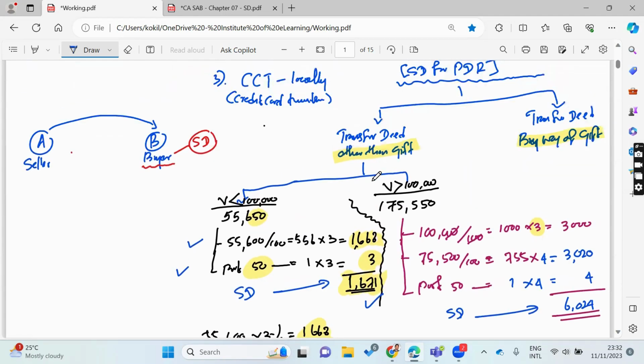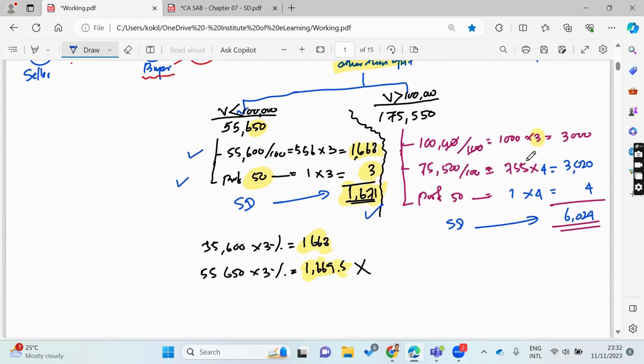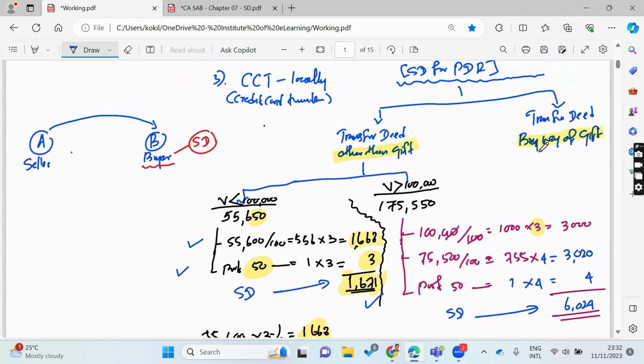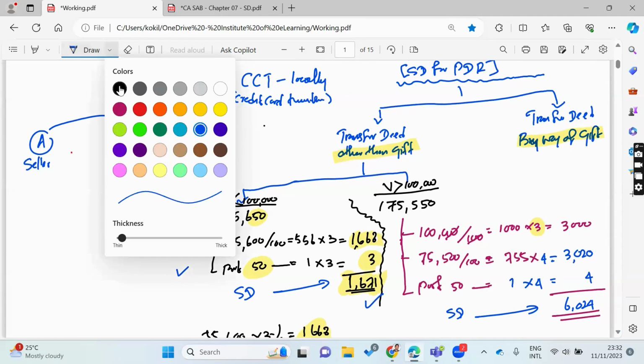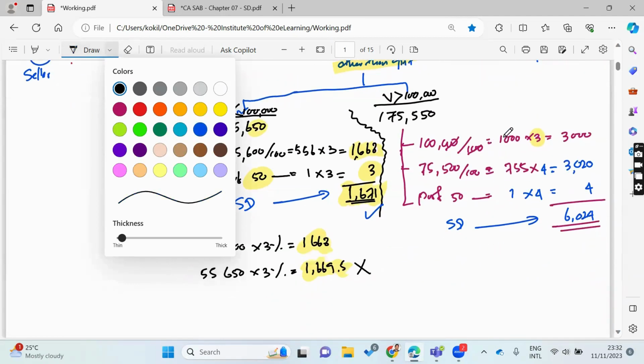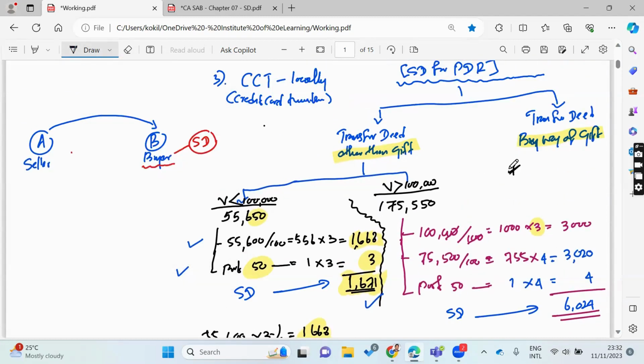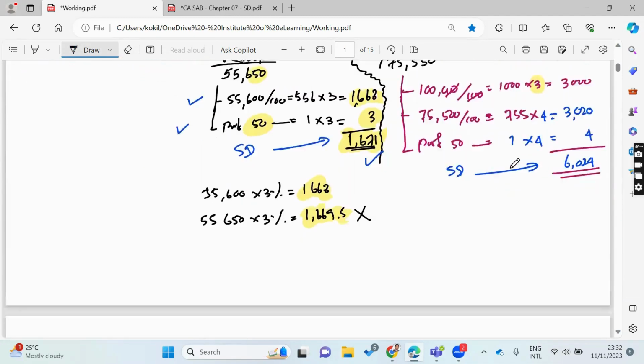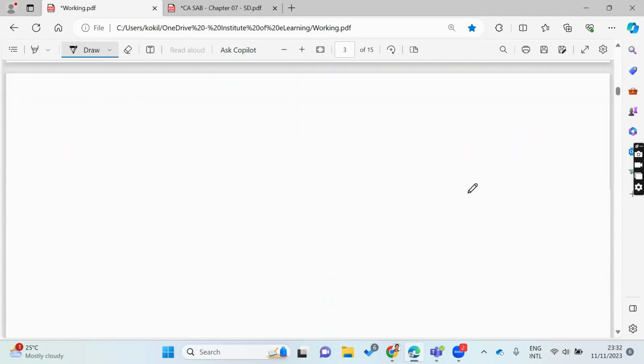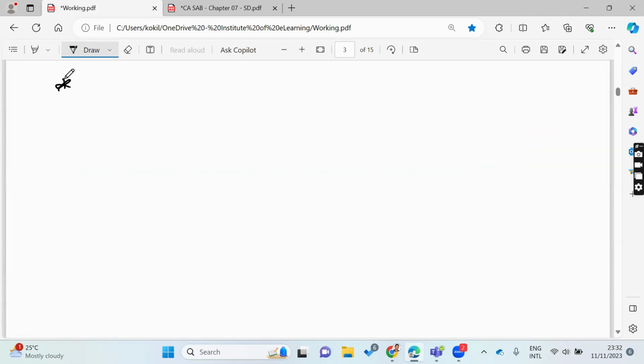This is other than by way of gift. Now let's look at how to calculate by way of gift. If it is by way of gift, the rates are a little lower, not that much.